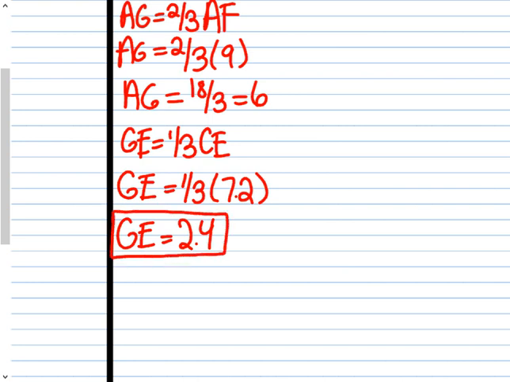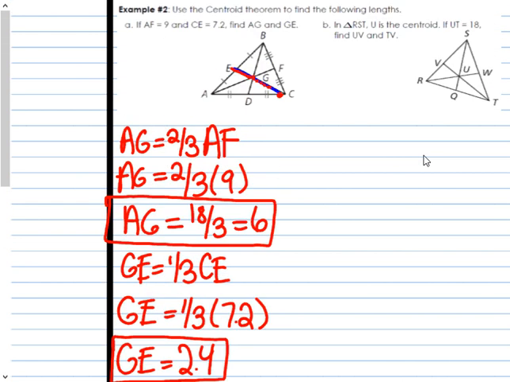If you're finding from the vertex to the centroid, you're looking for 2/3 of the distance. If you're finding from the centroid to the side, that's 1/3. That's the remainder. Okay. We'll do example 2B in class together.